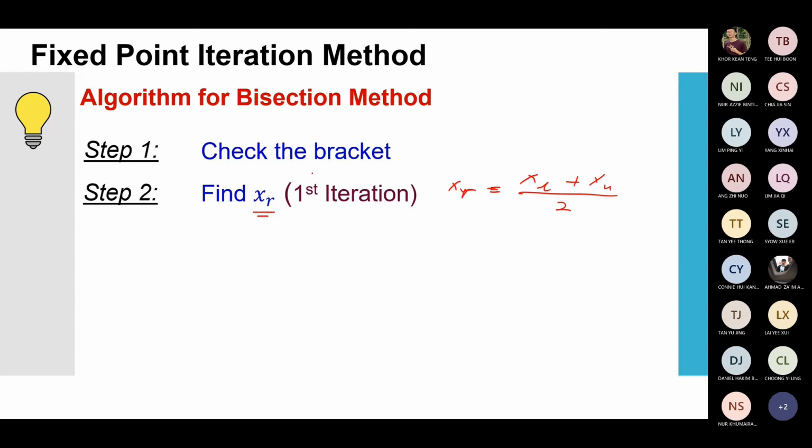That is considered your first iteration. Once you find this root, you take this value and check it with the previous value, which is XL, so you see the difference, how much the absolute error is. Step 3, you need to use XL and XU.